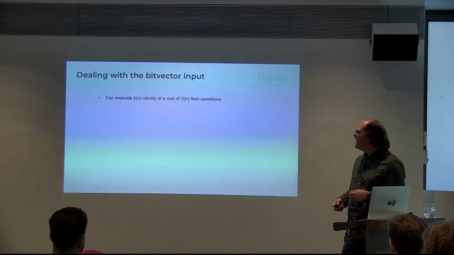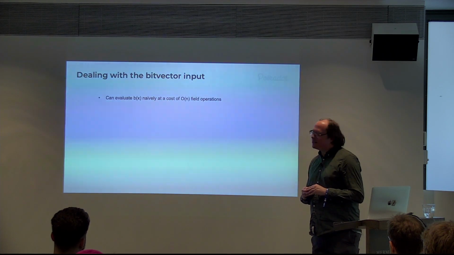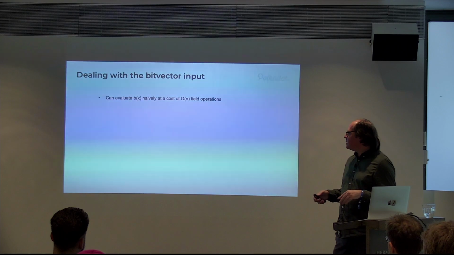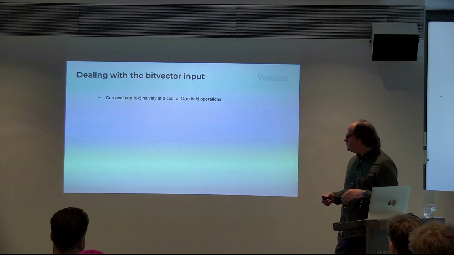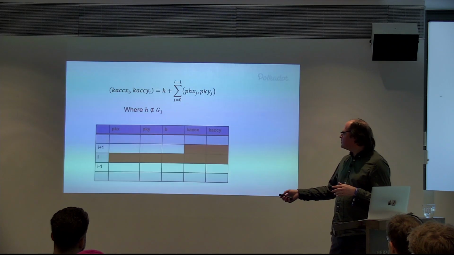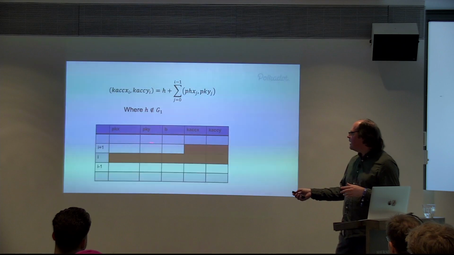So there is one thing that's a bit slow if you do it this naive way, when you have large numbers of public keys. Your input is the commitment to the public keys and this bit field.